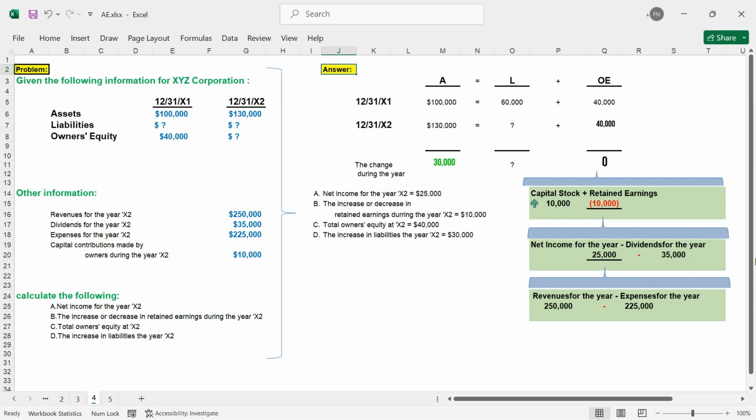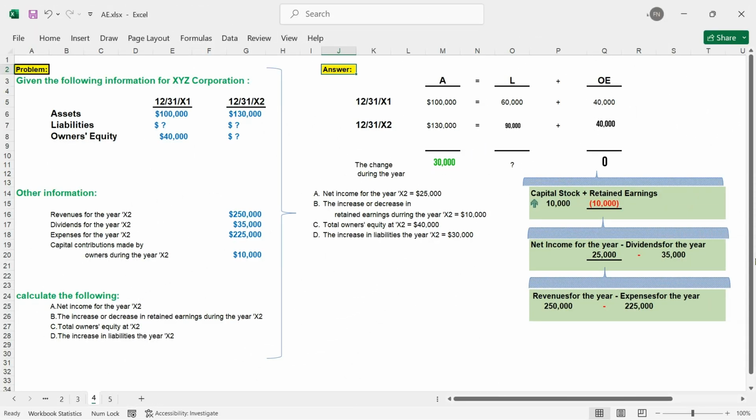And by the way, if owner's equity is $40,000 at 12/31/X2, then I can calculate the amount of liabilities, because I have an equation here: assets equals liabilities plus owner's equity, with two known amounts and one unknown, and so I can solve for liabilities. That must be $90,000. And finally, I can determine the change or increase in liabilities.